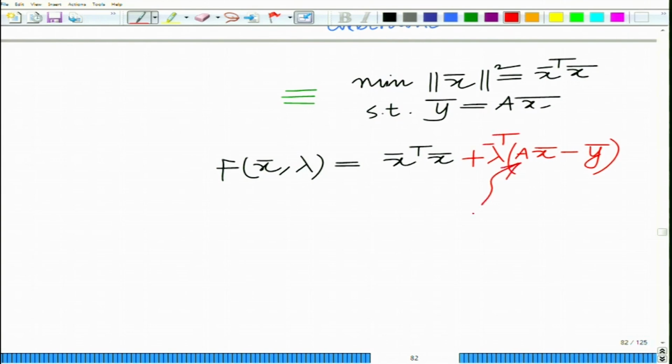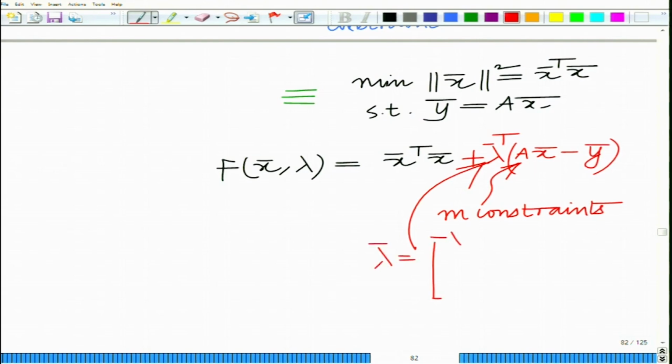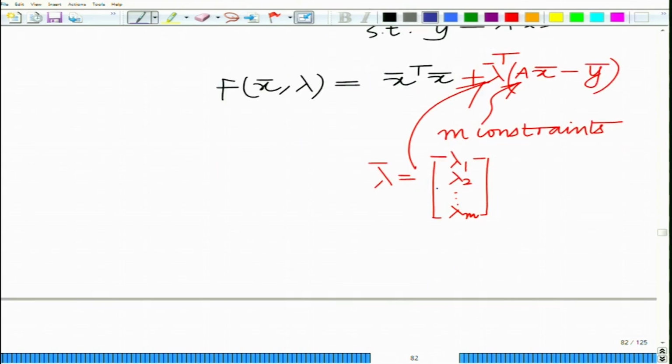You have m constraints. Each row is an equation, so there are m equations, so m constraints. So there has to be one Lagrange multiplier for each constraint. So your lambda bar will in fact be a vector.